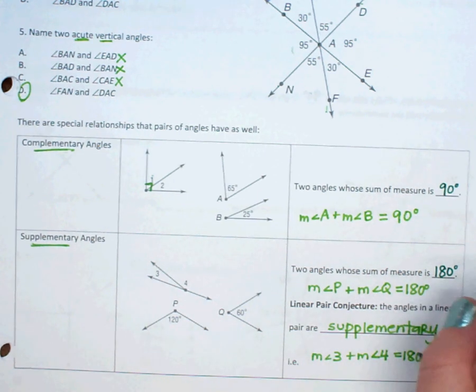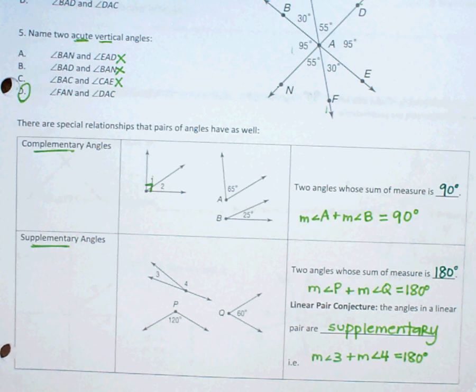Okay, because they are a linear pair, and that will always be the case. Linear pairs are always supplementary, but supplementary angles don't always have to be linear pairs. Okay. Now we're going to go into some word problems.